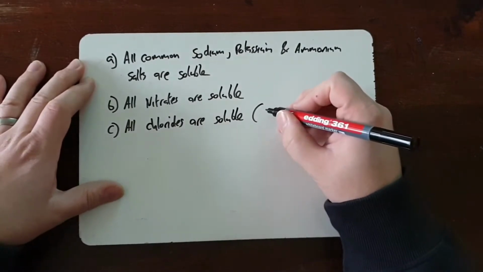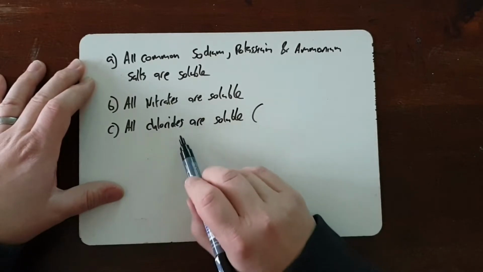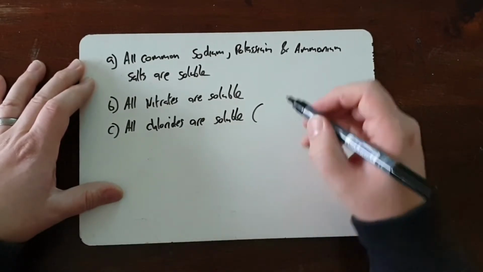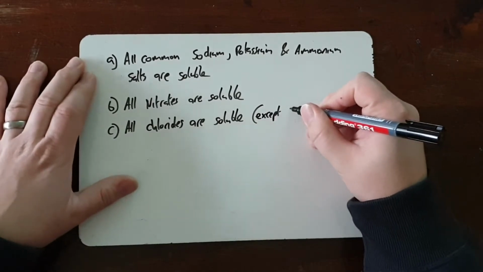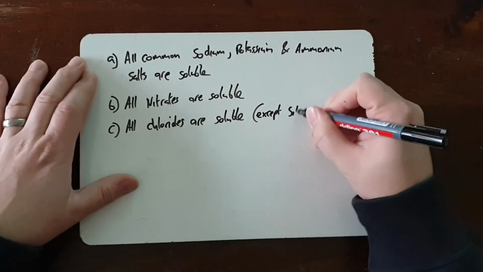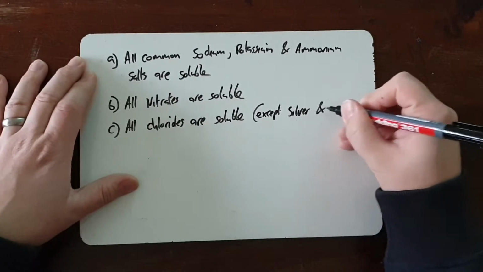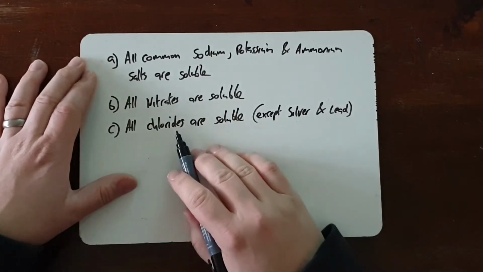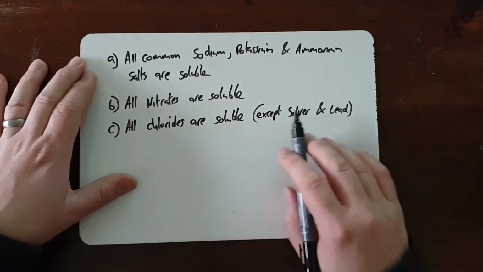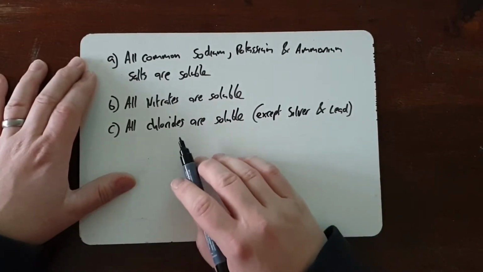And there's a couple of exceptions here. So it's similar to the nitrates one, but this time the chlorides, there's a couple of exceptions. So except silver and lead. So lead chloride is insoluble, it does not dissolve. Silver chloride is insoluble, it doesn't dissolve.